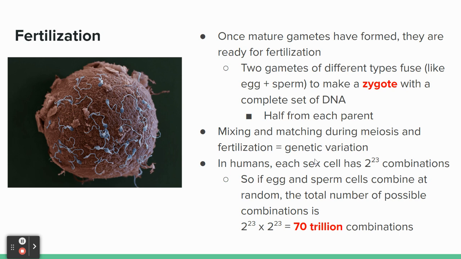In humans, each sex cell has 2 to the 23rd power combinations, 8,400,000. If an egg and sperm cell combine at random, the total number of possible combinations is when we multiply the 2 together. 8.4 million times 8.4 million gives us 70 trillion combinations. You are one of 70 trillion combinations that could have been possible to make up you.